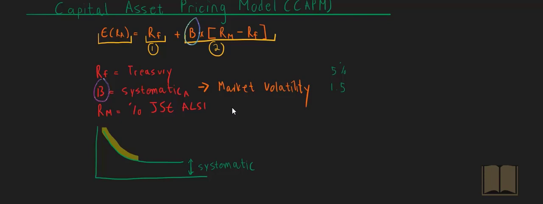And let's say the market as a whole, as represented by some sort of index, is 10%. If you've got the following, then the expected return on asset A, according to CAPM, would be, at a minimum, the risk-free rate of return plus compensation for the risk taken. The risk indicator is 1.5, that's your beta.